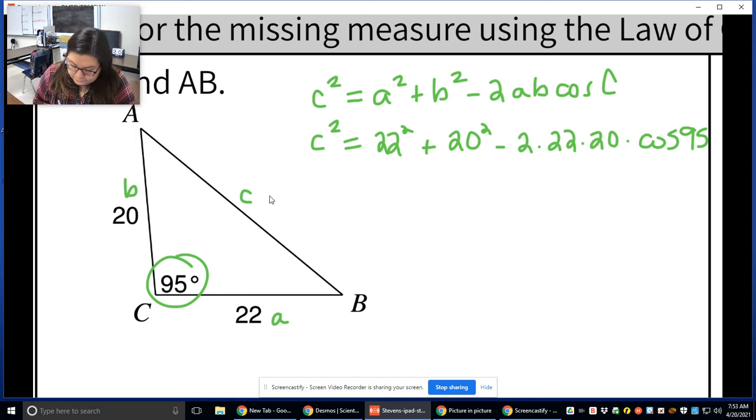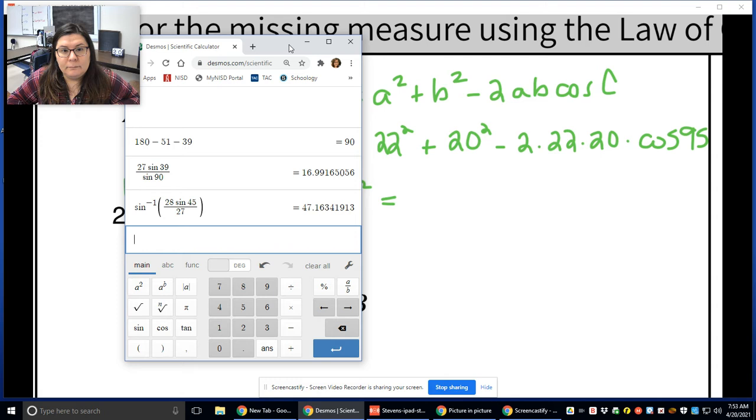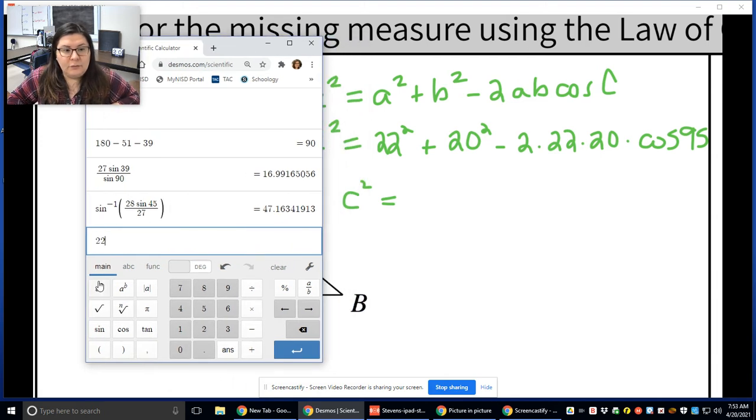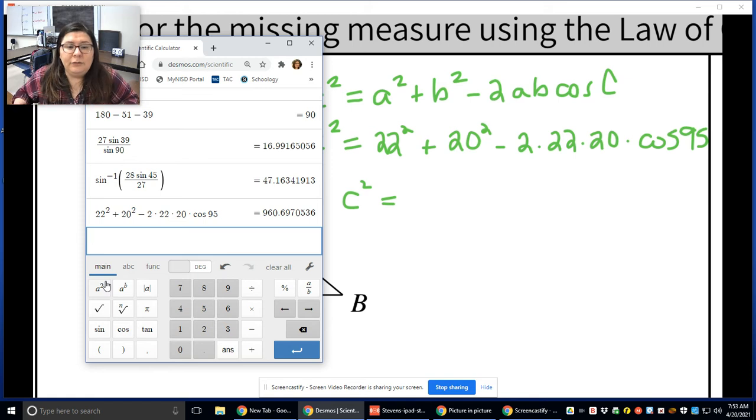Okay, so I know it looks long and complicated, and it is, but let's just put this into the calculator. So this entire right side, 22 squared plus 20 squared minus 2 times 22 times 20 times cosine of 95. So big number, 960.7, let's say.